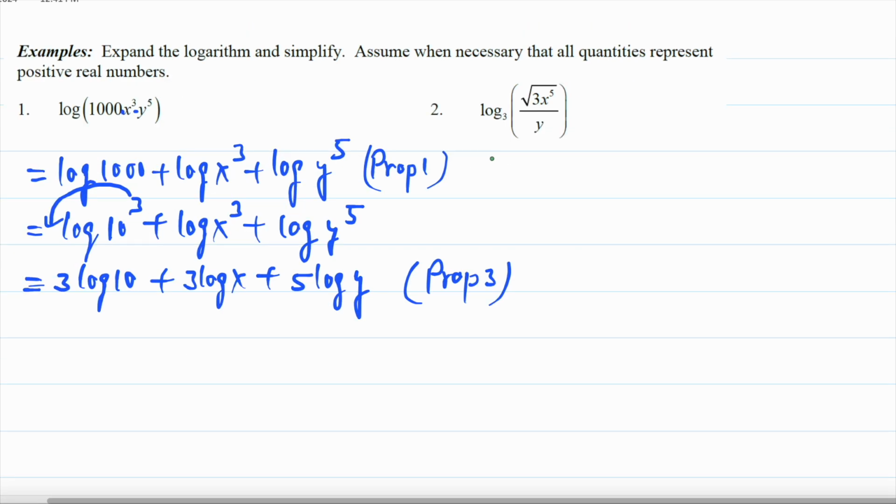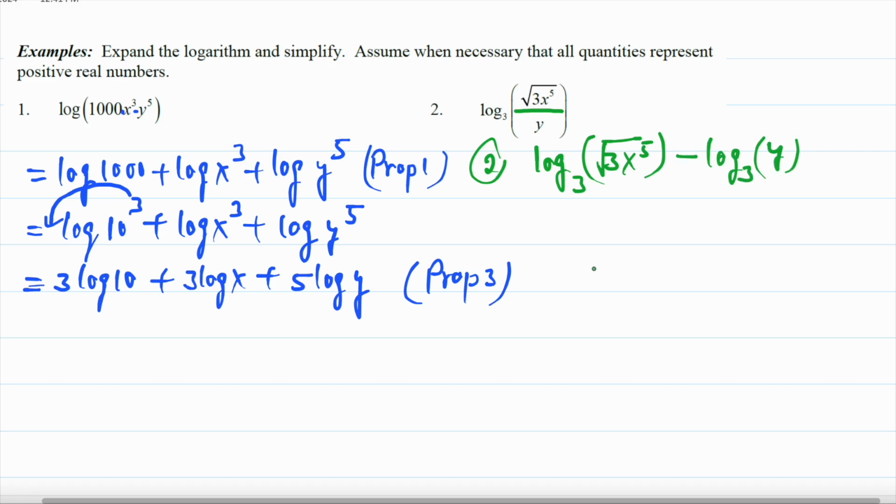Now let's talk about the second problem. In the second problem, because of this division line, we will be using the second property. This time log has base 3. I'm going to write the numerator as log base 3 of 3x power 5 square root, minus log base 3 of y.